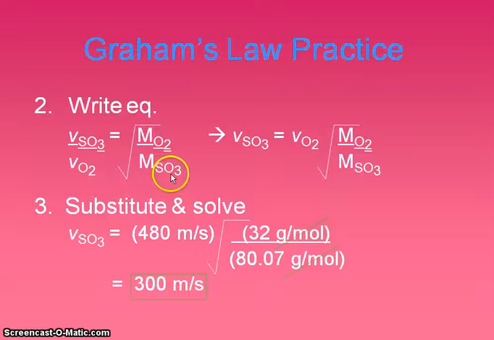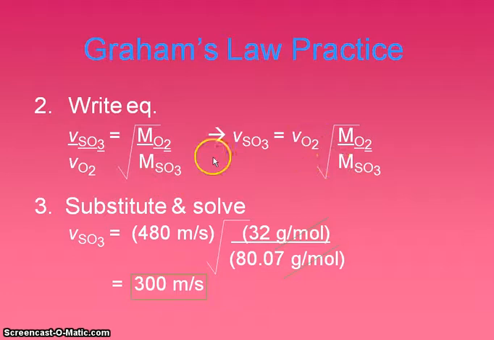So we're going to write out our equation. And when you do this, I generally put the one that I'm trying to solve for on the top of this left side of the equation. So I want to solve for the speed of the SO3, so that's what I'm going to start with, and then put that over the speed of the O2, which means that on the right side of my equation, I'm going to have the molar mass of the O2 divided by the molar mass of the SO3.